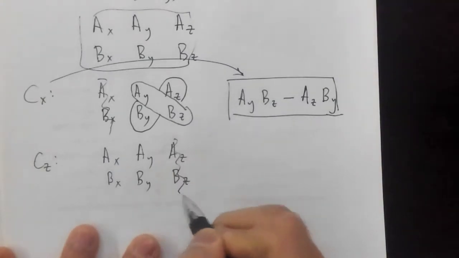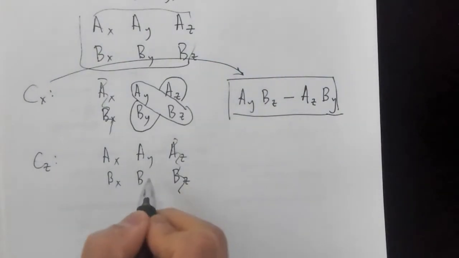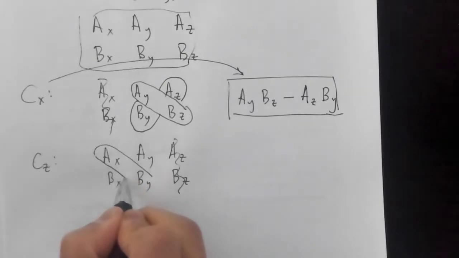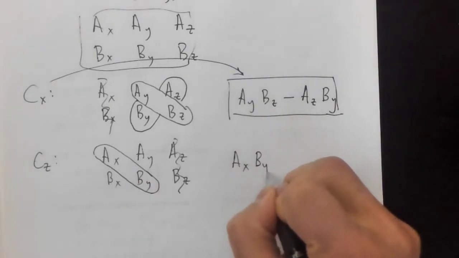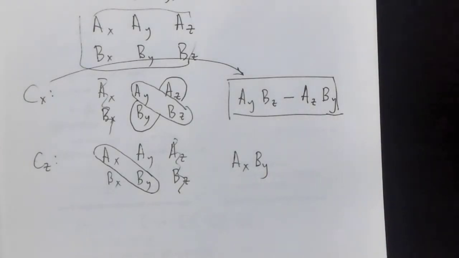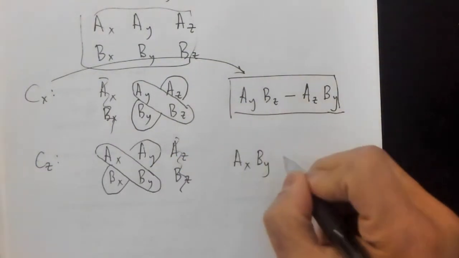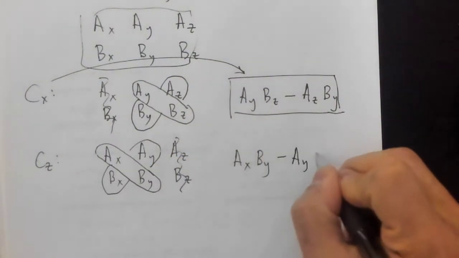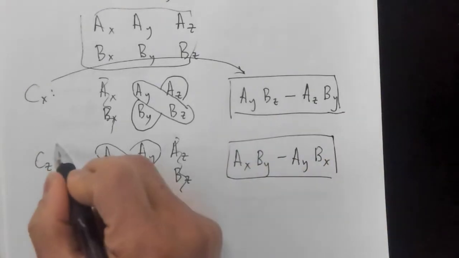You cross out the Z column because I want to get the Z component. Okay? And now what you do is you do the same thing. You multiply these guys, which are called the diagonals. So you do AX times BY. Right, the diagonals. And then you subtract the product of the other two, the off diagonals, AY times BX. So that's the formula for CZ.